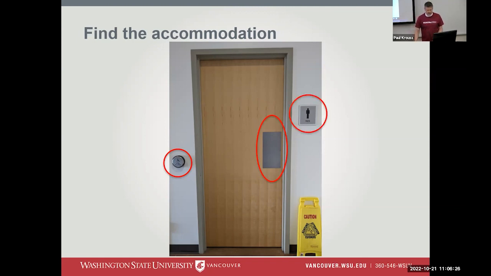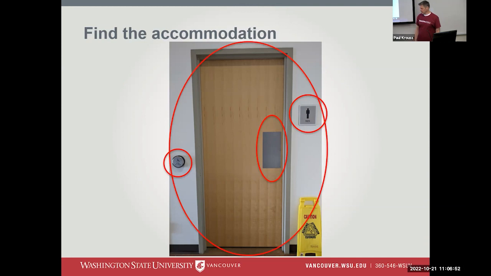You also might have noticed there's a sign for the men's room. Someone in our room noticed that there is a little bit under there that looks like Braille. Also, I'm just going to point out the fact that there's a sign indicating the bathroom is also an accommodation. In your home you probably do not have a sign indicating it's a bathroom, so we are accommodating people who are unfamiliar with this building.